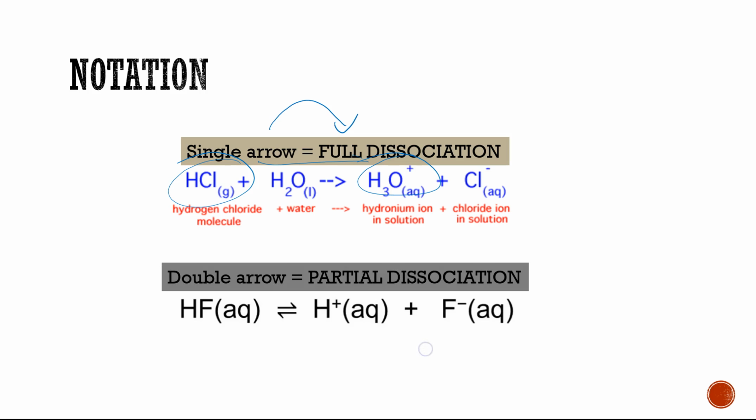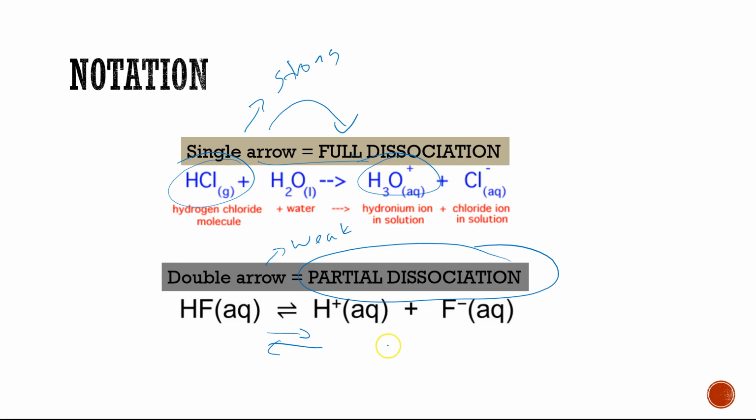When you see a double arrow, that implies we go in both directions, and so a double arrow means only partial dissociation. So single arrow, strong acid. Double arrow, weak acid.